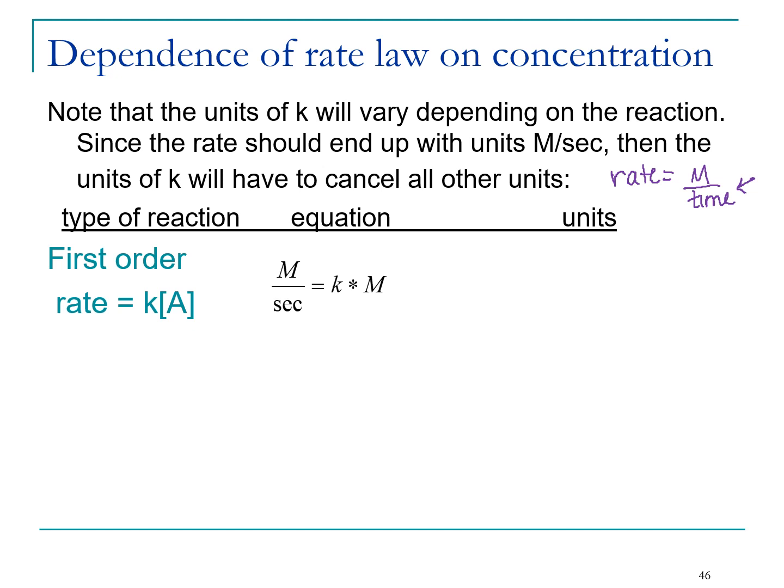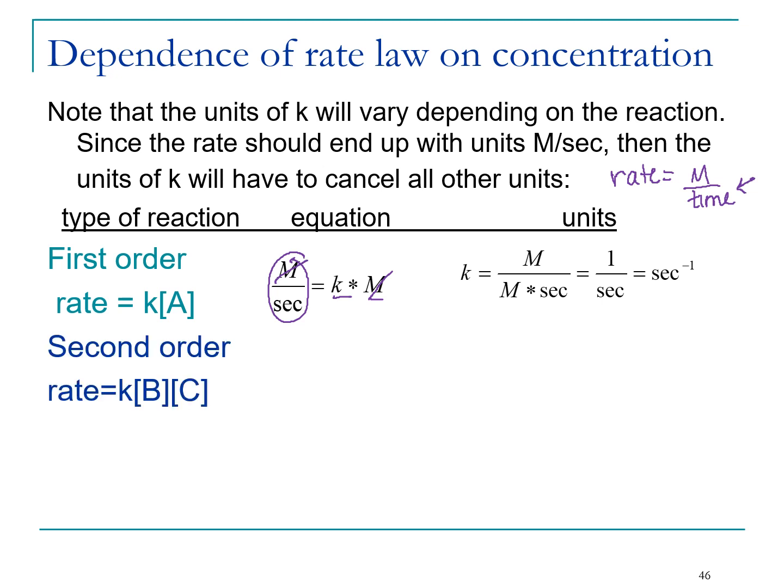So notice that if you have first order, rate, molar per second or molar per time, equals K times molar. Well, if molar cancels out on both sides, then my K is going to be in units of per second. Or if it happens to be per time, whatever the time units have to be. If my rate is second order, then look at what happens.